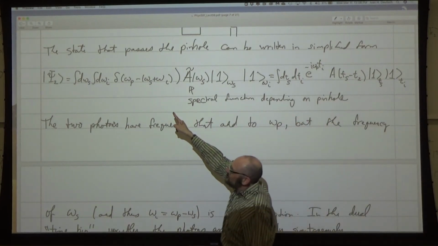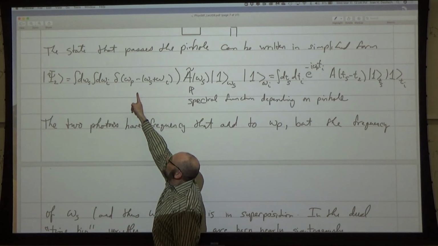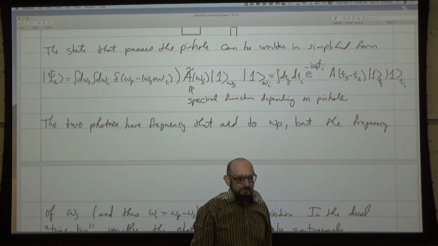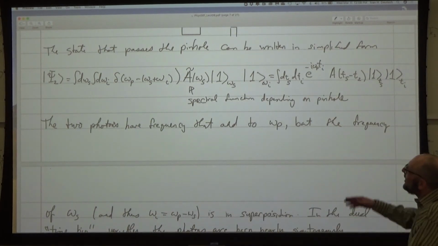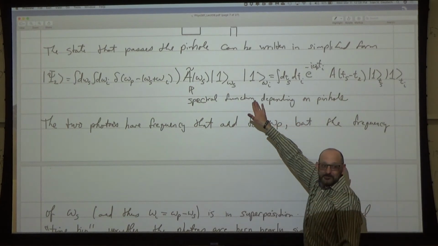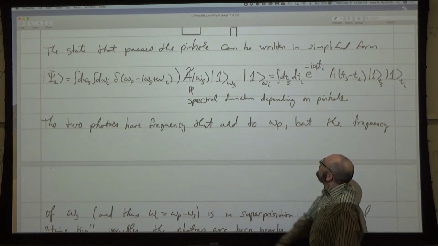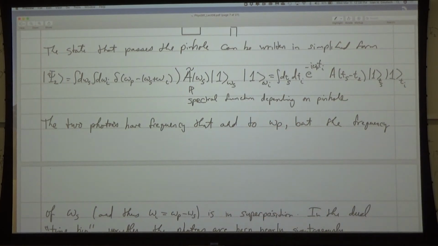But the sum of the frequencies adds to the pump. So that's my entangled state. How is it entangled? Well, it's entangled in frequency or energy and in time.